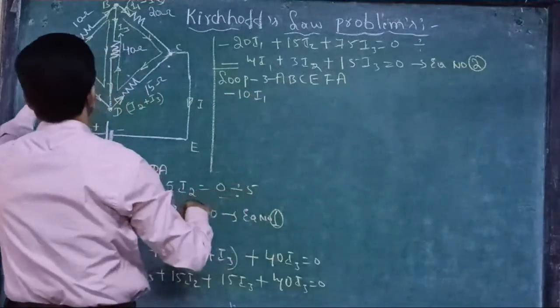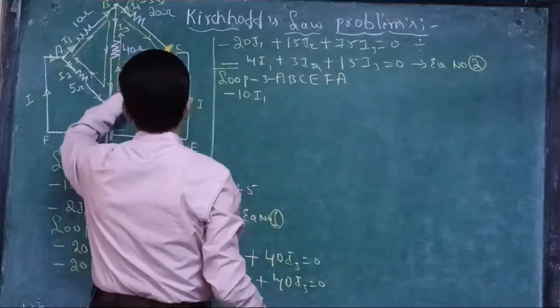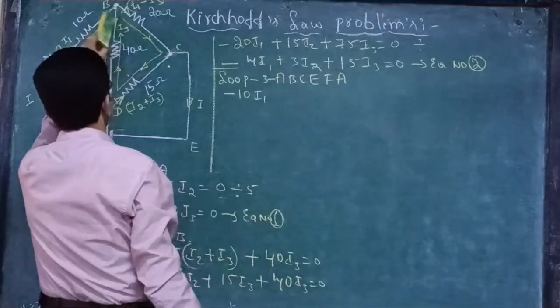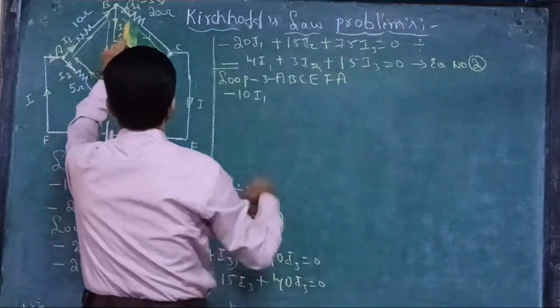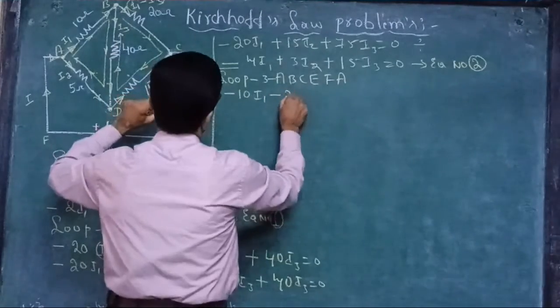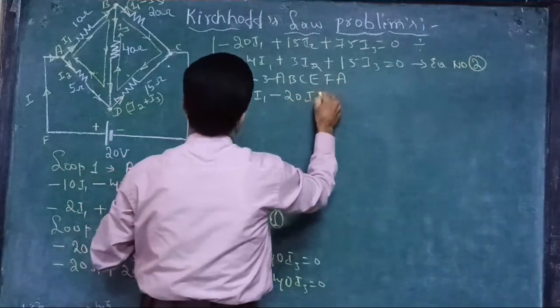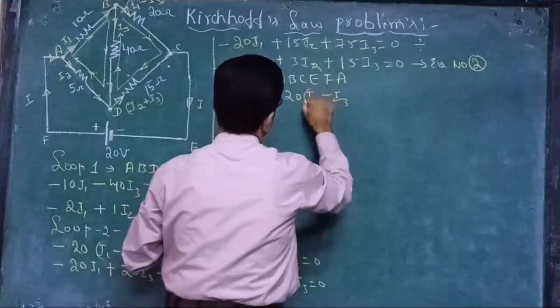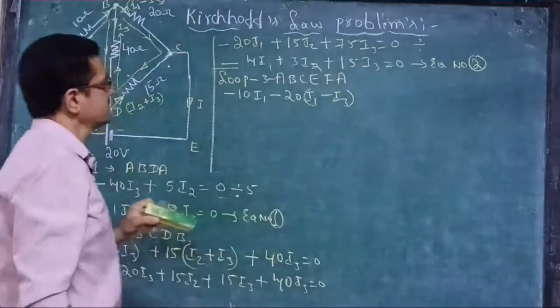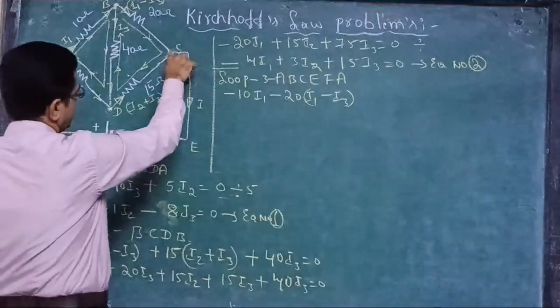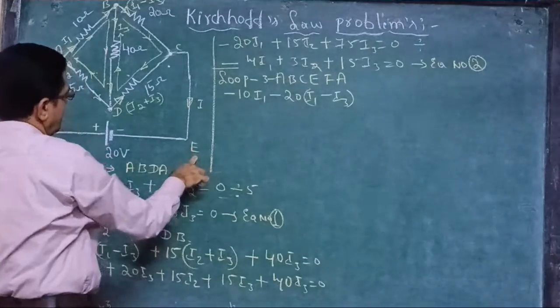Next we are going B to C. Current is in the same direction and we are also going in the same direction. That means the sign will be 20 (I1 minus I3). Next, C to E there is no element.